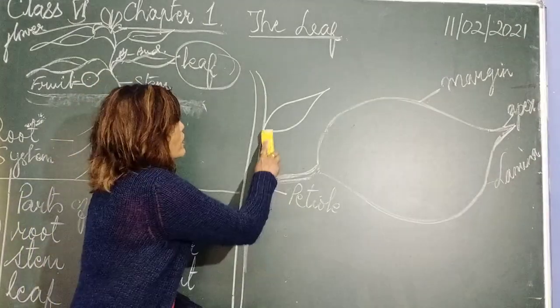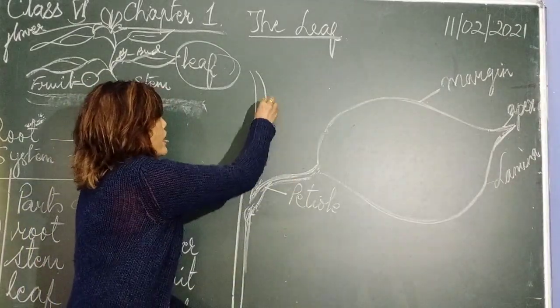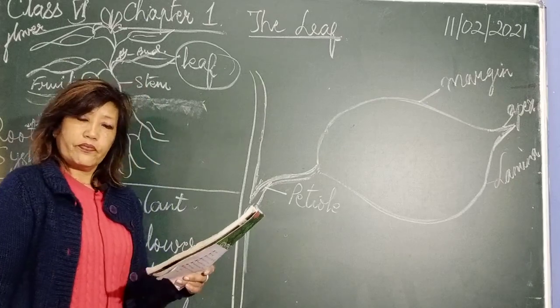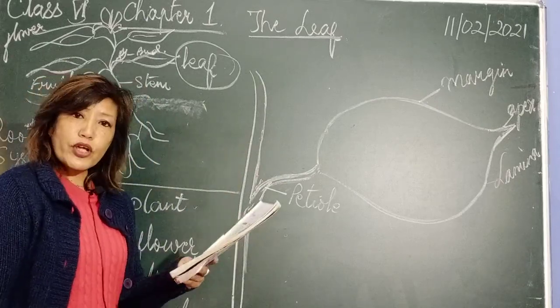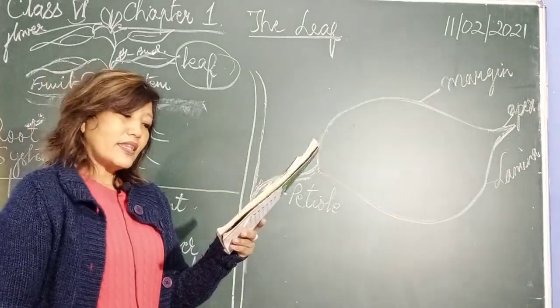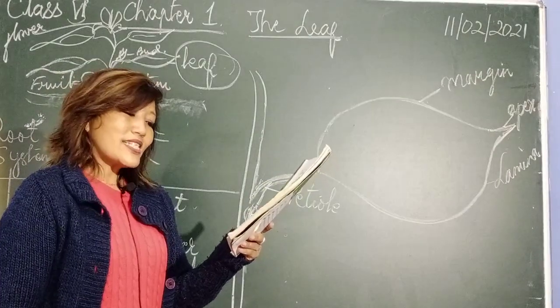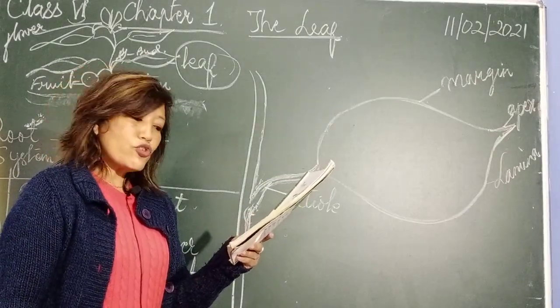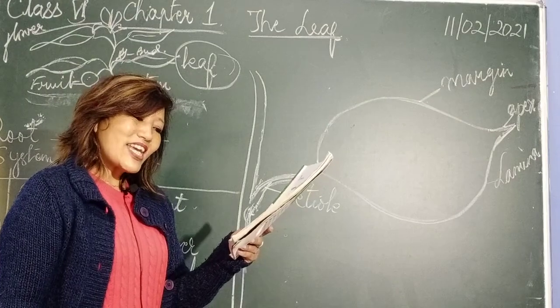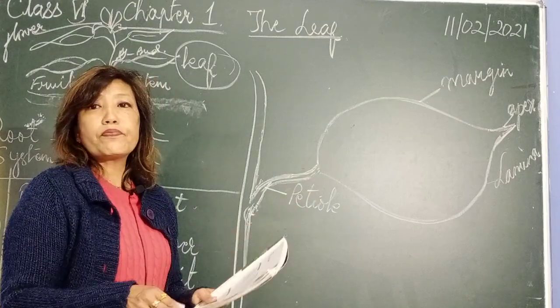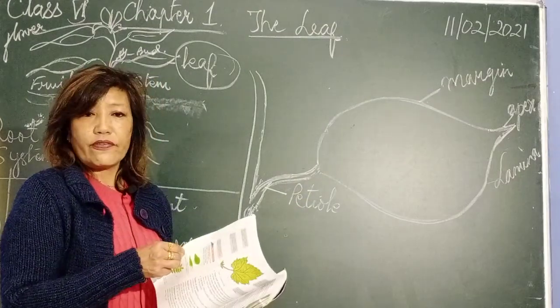Now the next part of the leaf is the midrib. What is the midrib? The lamina has a thickened vein along its center called the midrib. The midrib extends from the petiole up to the tip of the leaf.